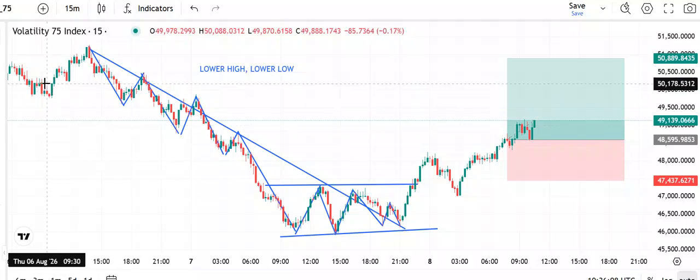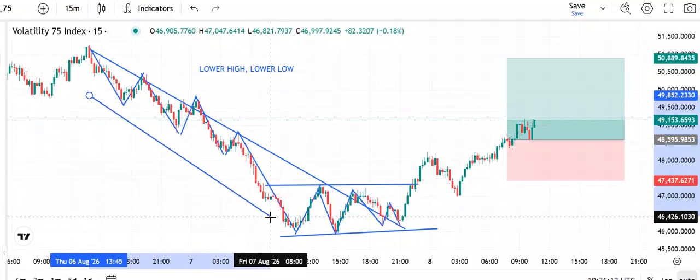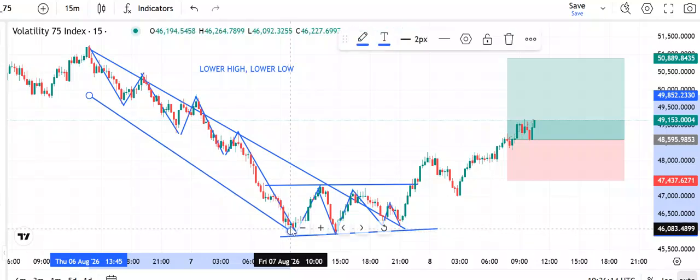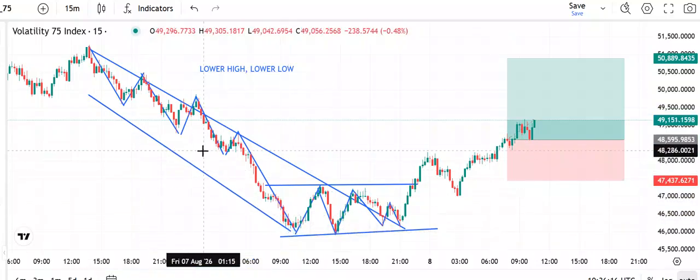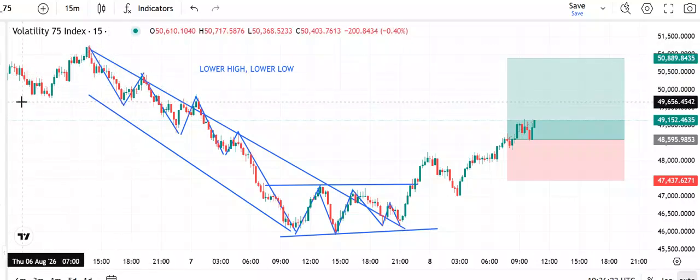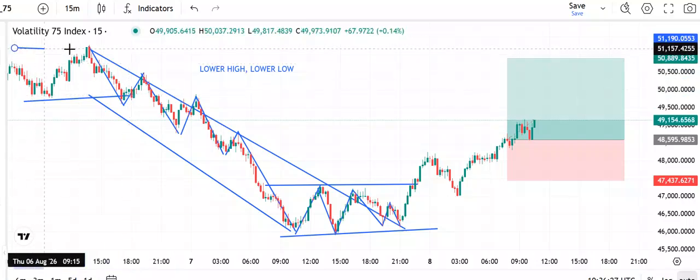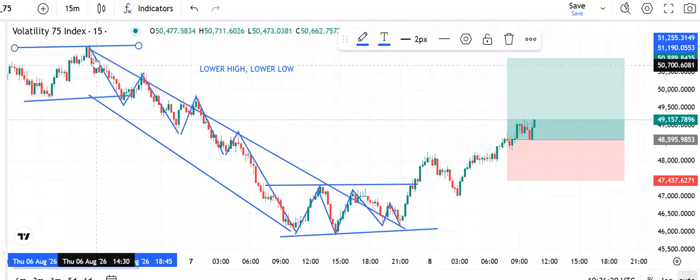So in this particular trend, where do you enter your trade? You enter your trade where, first of all, let's assume this is a range. When you see range breakout, this is the range.